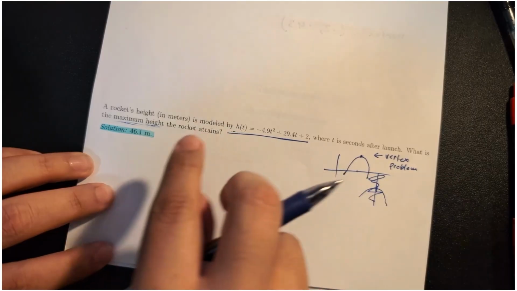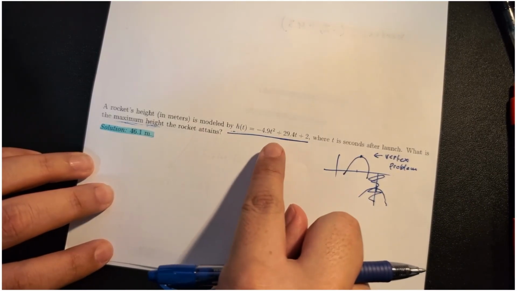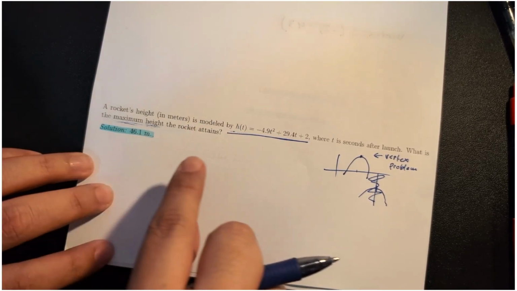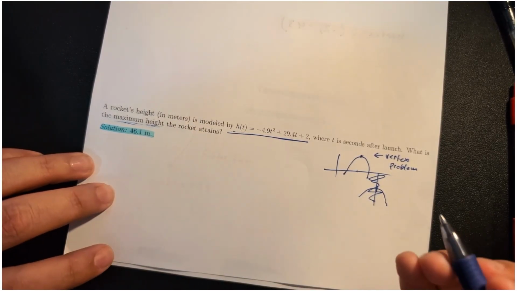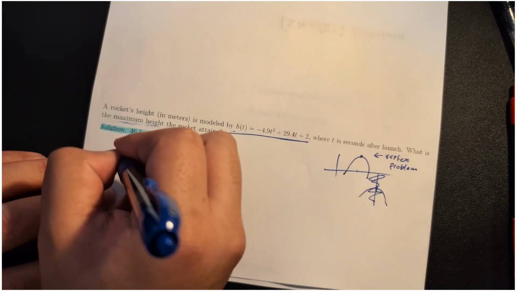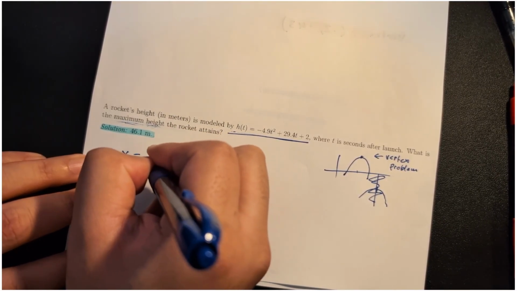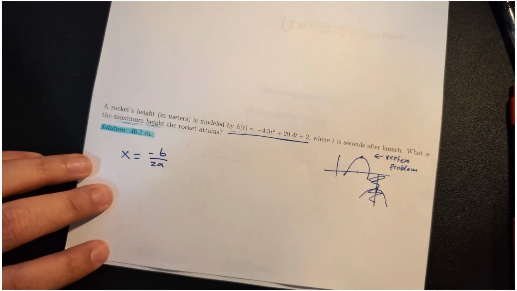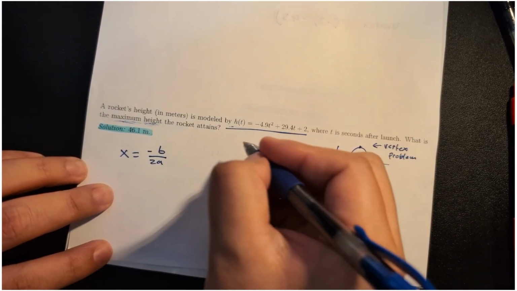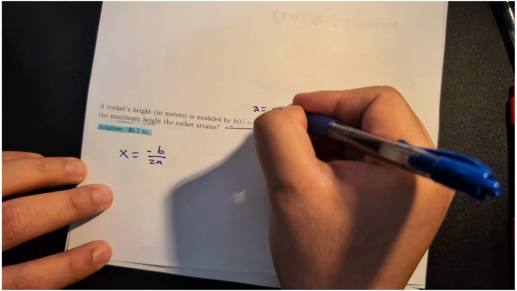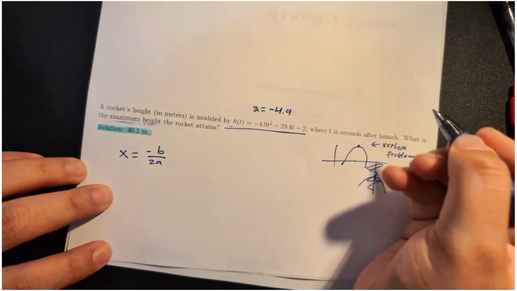So let's find the vertex. It's not telling us to do completing the square or anything. So the easiest way to do this is just to do x is equal to negative b over 2a. Okay, so from our quadratic, we know a is given by negative 4.9.